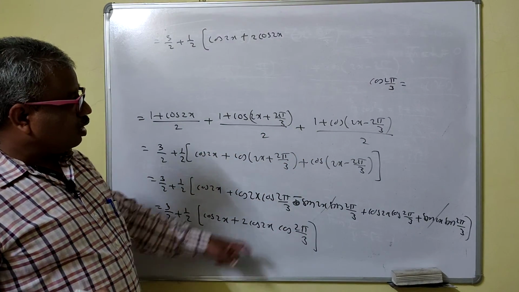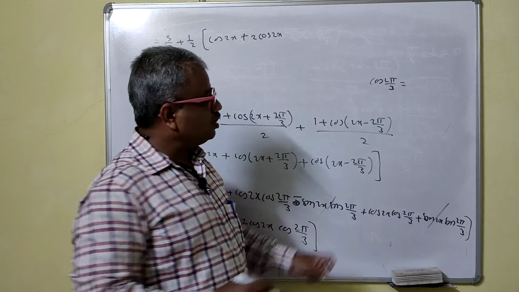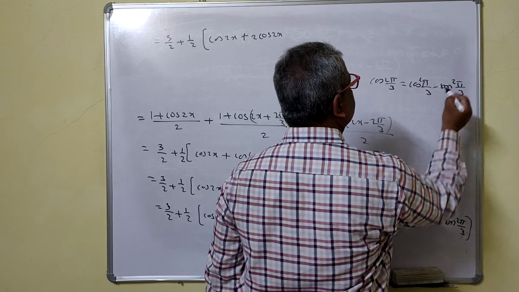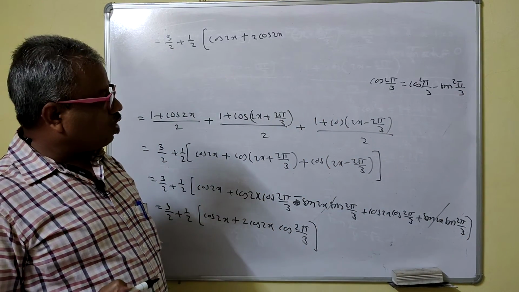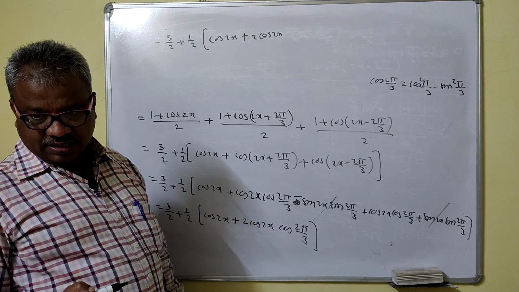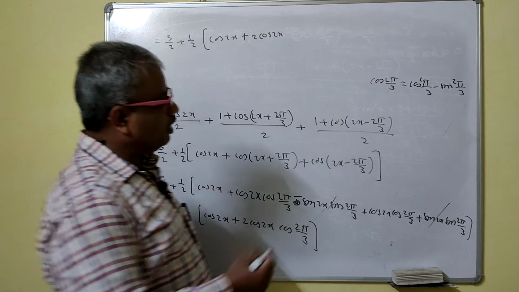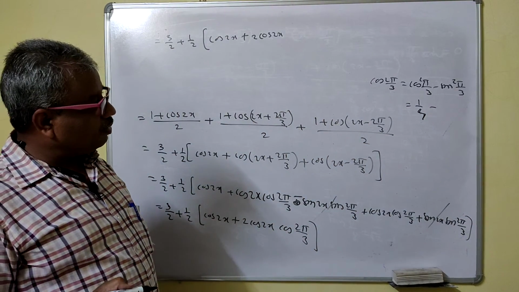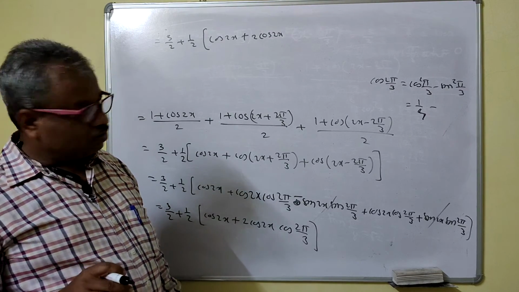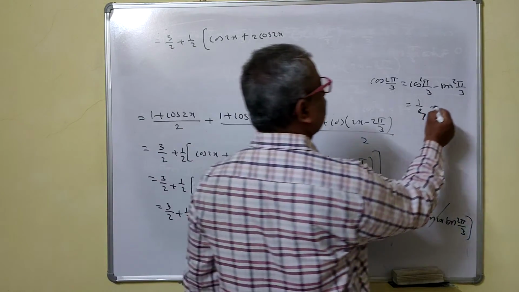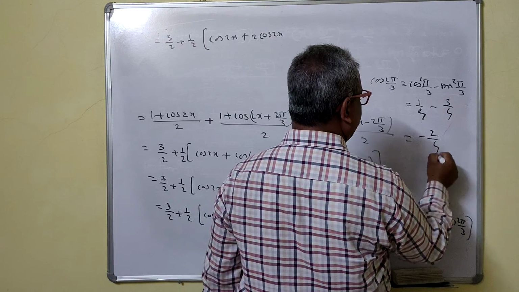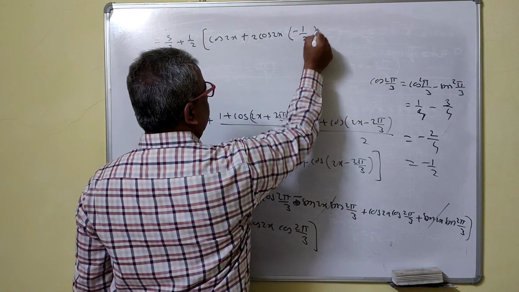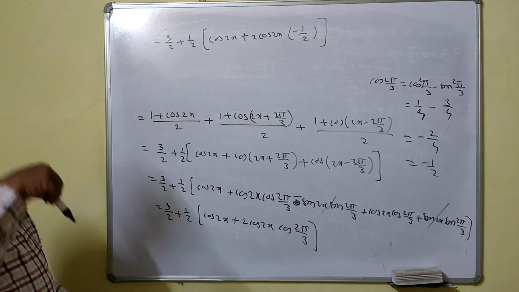This is cos 2 theta, so this is cos square pi by 3 minus sin square pi by 3. Cos pi by 3 means 60 degrees, which is half, and the square is 1 by 4. Minus sin square, where sin 60 is root 3 by 2, so that means 3 by 4. So minus 3 by 4 gives minus 2 by 4, so this is minus half. We will write minus half here.